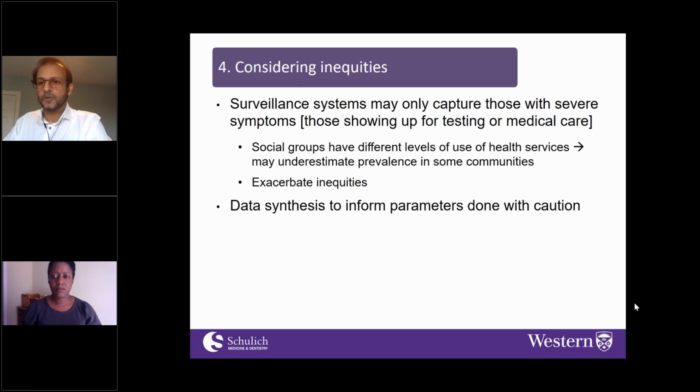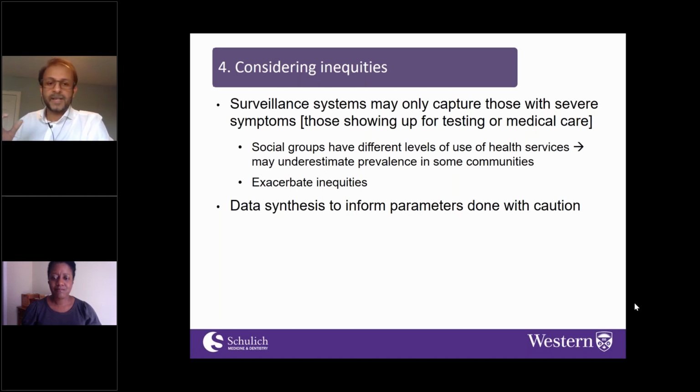If you're holding 3 jobs and living in poverty, even if you have symptoms, you may not go and get tested unless your workplace requires you to, because of fear of losing a job and not having the time to get tested. The fact that surveillance systems are based on these population averages could potentially exacerbate inequities, and this is something that infectious disease models should be explicitly considering, and not always do so.